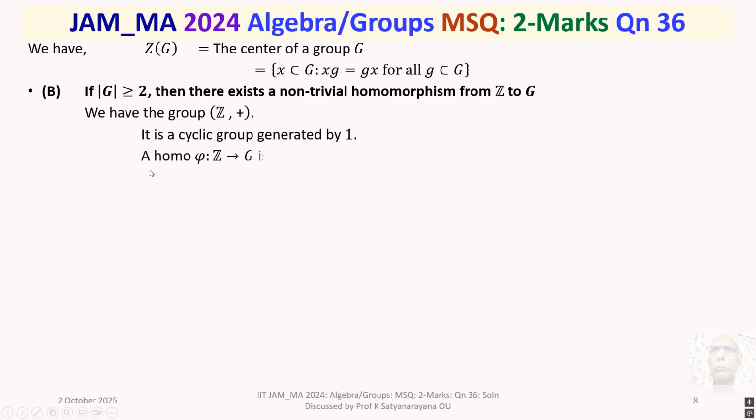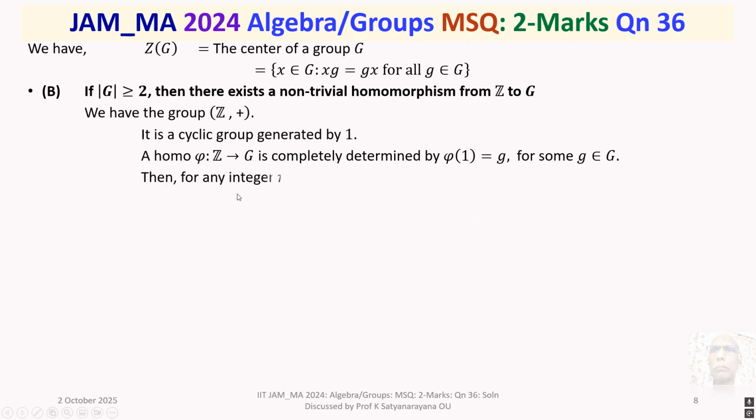And a homomorphism phi from Z to G is completely determined by its action phi of 1. Phi of 1 is equal to g for some g belongs to G. Then for any integer n coming from Z, we will have phi of n is equal to g power n.